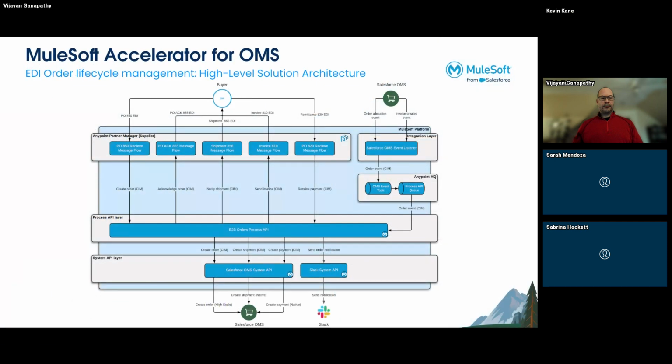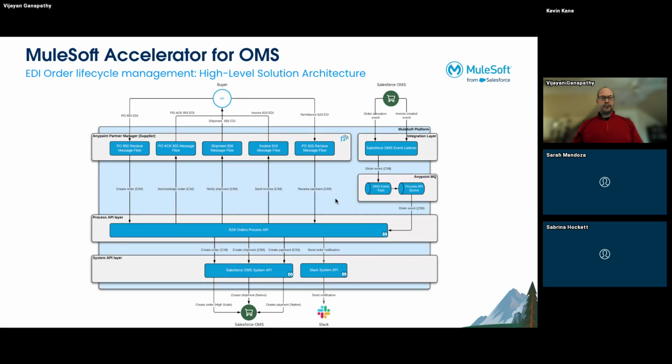What we're working on now, which Vijay alluded to, is the MuleSoft Accelerator for OMS. This is an overview of the high-level architecture, and it shows how Anypoint Partner Manager is integrated as an EDI gateway, if you will, between the buyer, the Orange Tree purchaser in the scenario that Vijay described, as well as the MuleSoft integration platform.